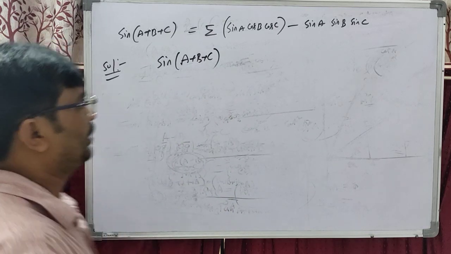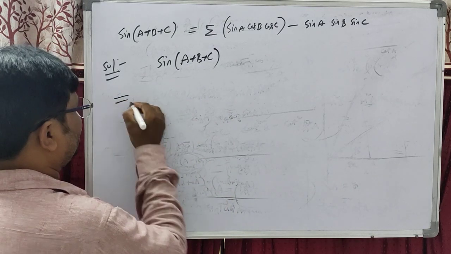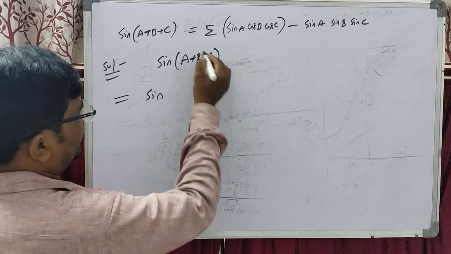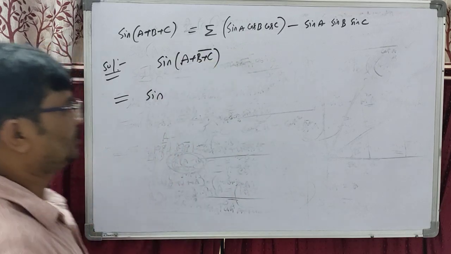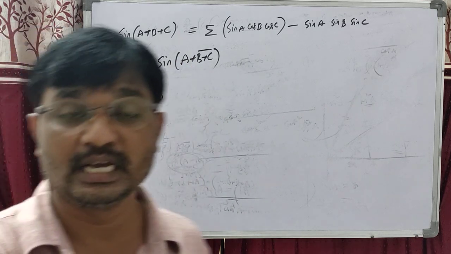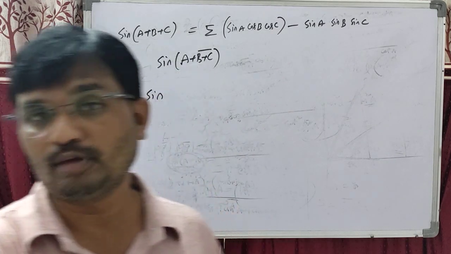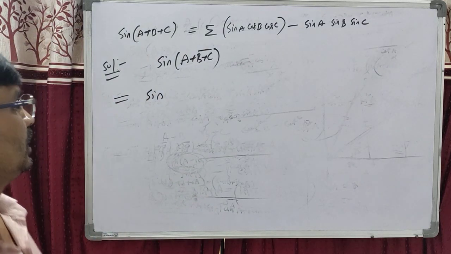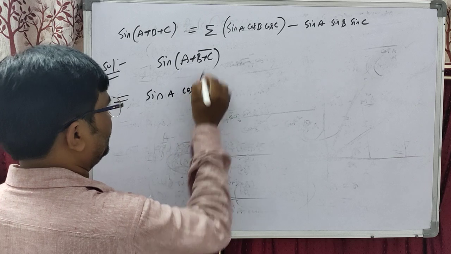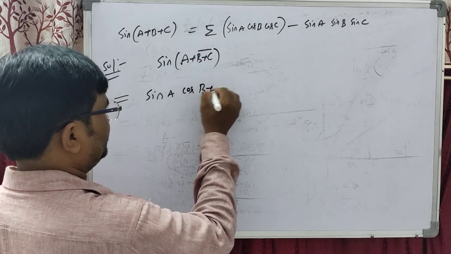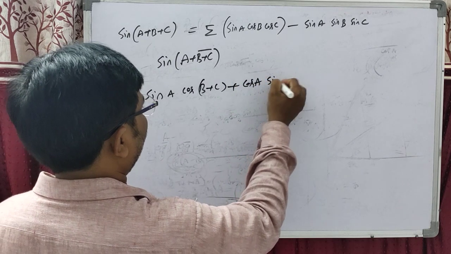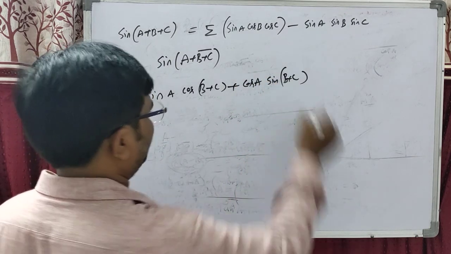Okay, students. Now, we know that we can write it by treating this one as some x and this as y. What is the form? Sin x plus y is sin x cos y plus cos x sin y. So, dear students, you can write this as sin a cos of b plus c, plus cos a sin of b plus c.